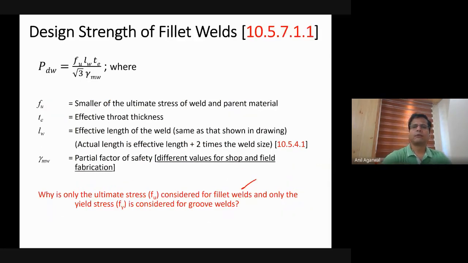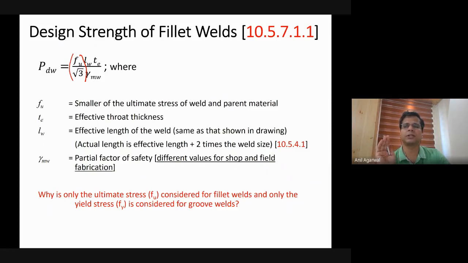For a fillet weld, the capacity, as I had mentioned, no matter whether the fillet weld is an end fillet or a side fillet, the Indian code requires you to use Fu divided by root 3. Now you must notice that the value for a groove weld is taken as Fy, whereas for a fillet weld it is taken as Fu.